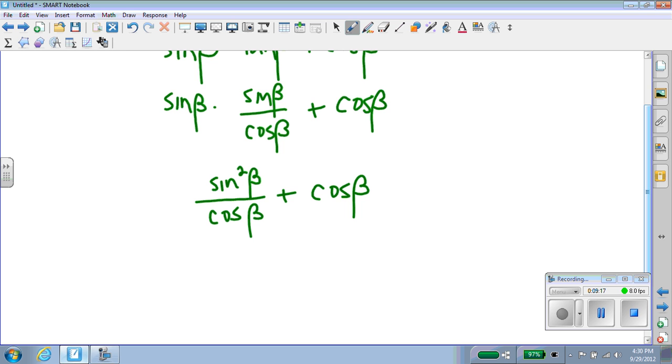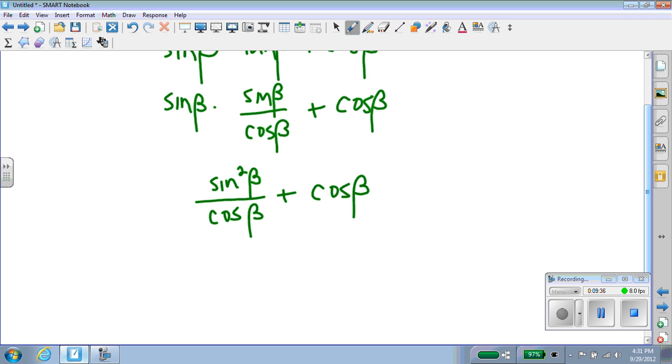So now I'm going to employ another strategy. I'm going to find a common denominator so I can add these fractions together. And you might be saying, how is she coming up with these things? Well, when there's nothing else you can do, resort to the algebra that you know.